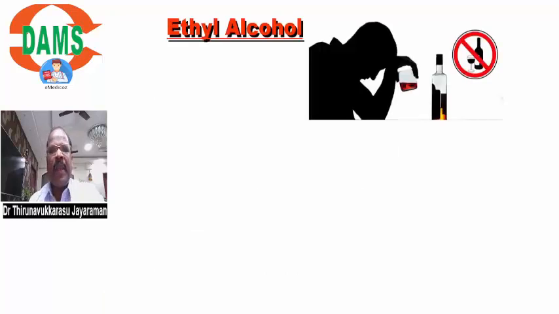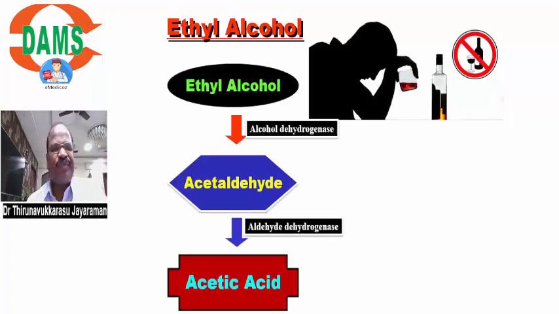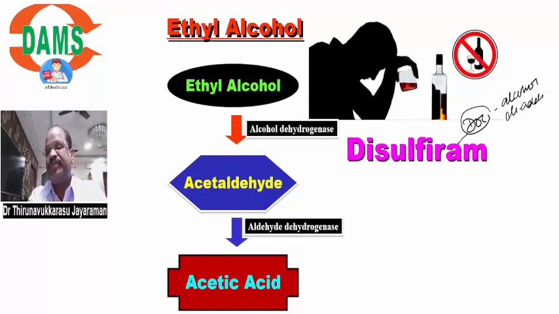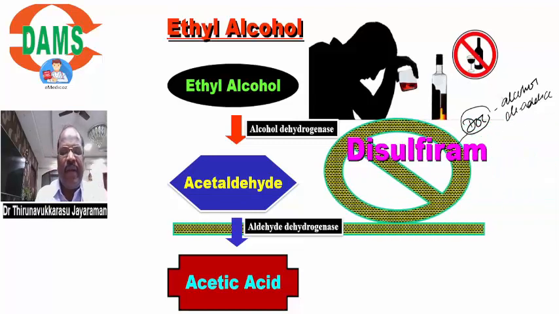Once again, for de-addiction of ethanol, you just need to know the concept. Ethyl alcohol undergoes metabolism by alcohol dehydrogenase and by aldehyde dehydrogenase. So in a chronic alcoholic patient, for de-addiction the drug of choice is disulfiram. Remember, it's the drug of choice for alcohol de-addiction. Point two, it acts by inhibiting aldehyde dehydrogenase.